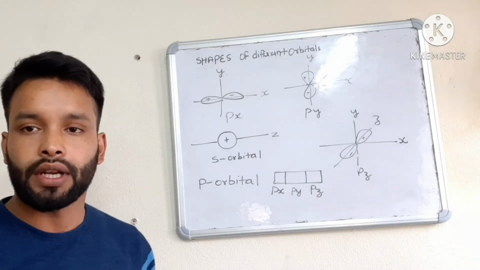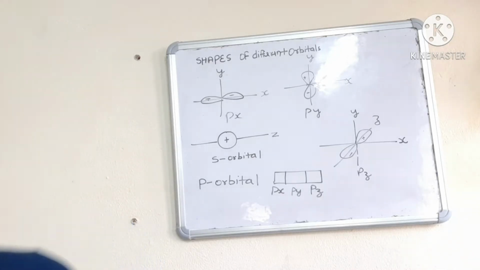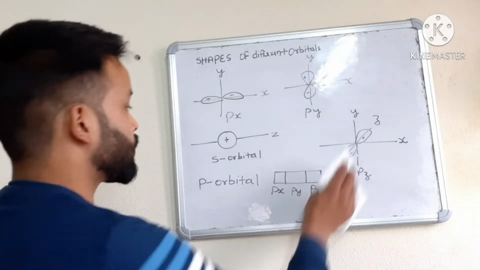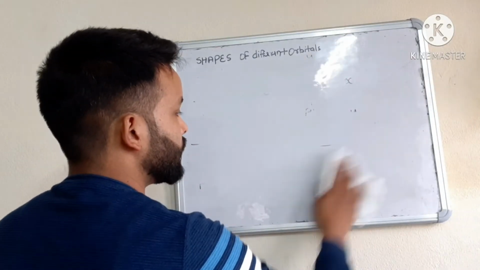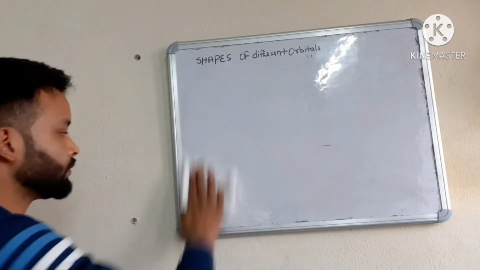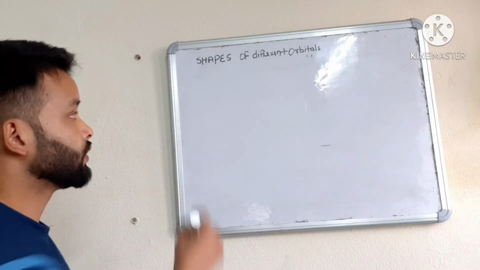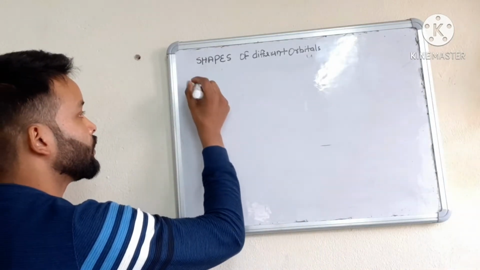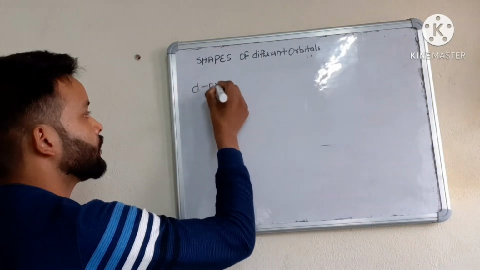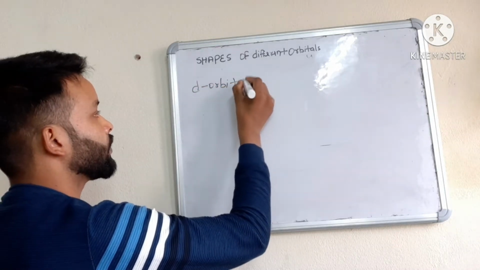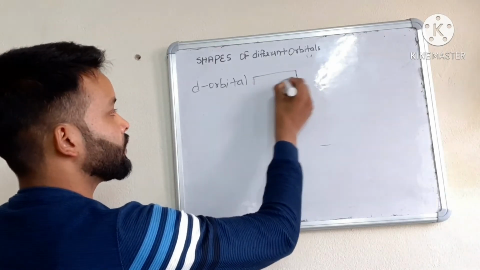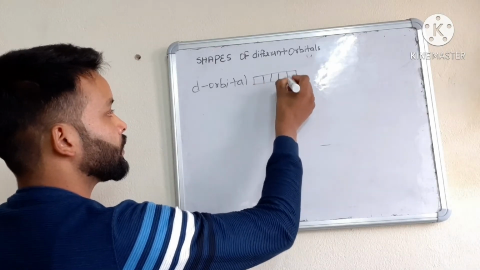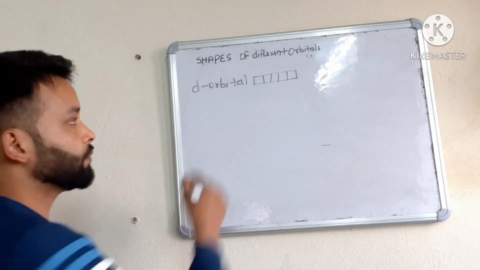Okay. Now I'll draw for d orbital, which is very important. D orbitals are very important. In d basically we have five names.